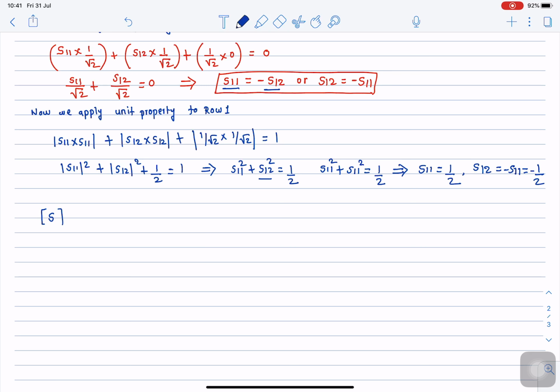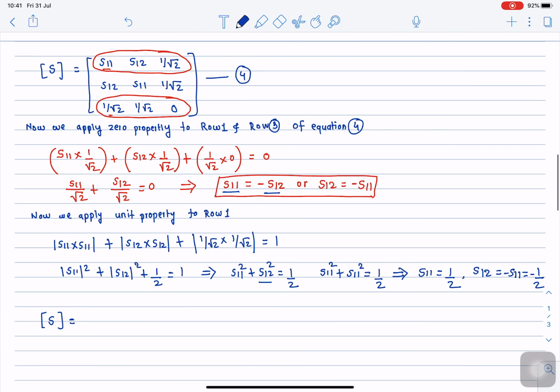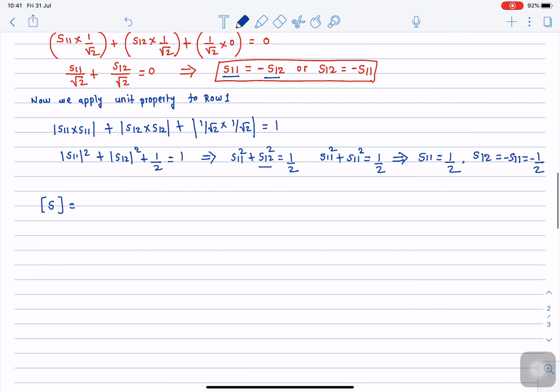So the scattering matrix S is equal to: the first element S11 is 1 by 2. The second element S12 is minus 1 by 2. The third element is 1 by root 2, which we have already received.